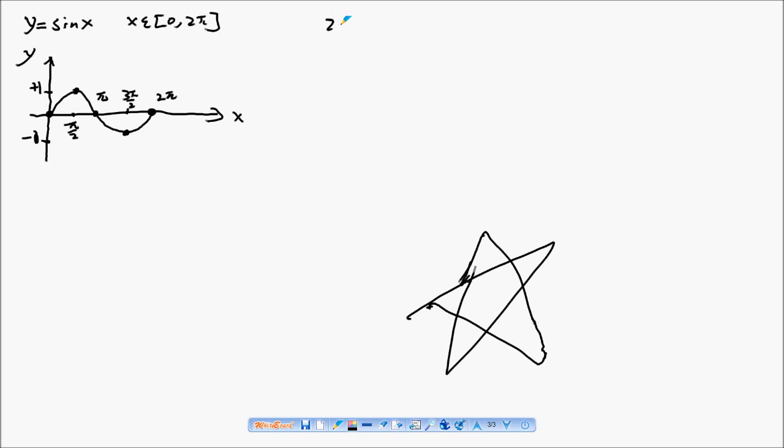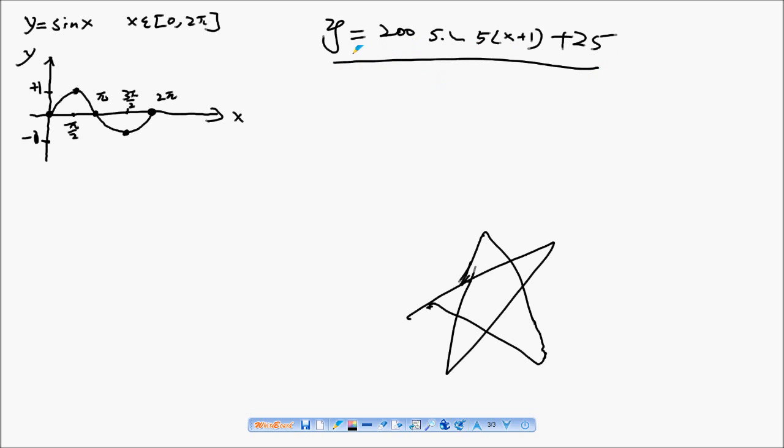If the graph changes to y equals, say, 200 sine 5 bracket x plus 1, plus 25, and they ask you to sketch a graph like this, we can actually use our standard graph and transform it to this graph.